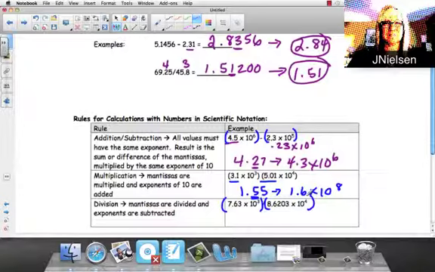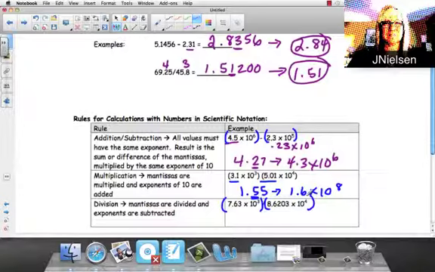And we get, I'm going to write it this way first. Your calculator will probably give it to you as 0.0885, a bunch of other numbers.